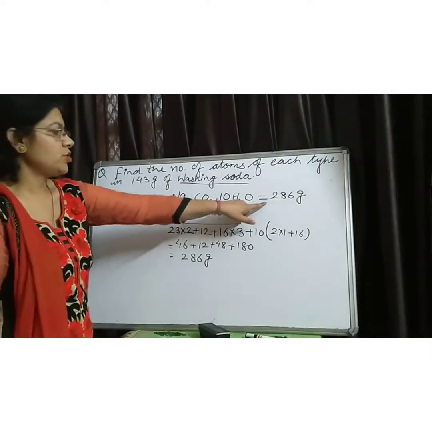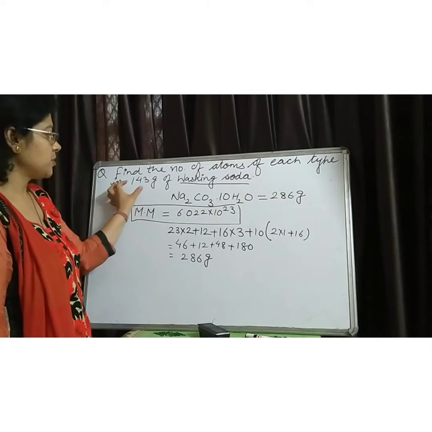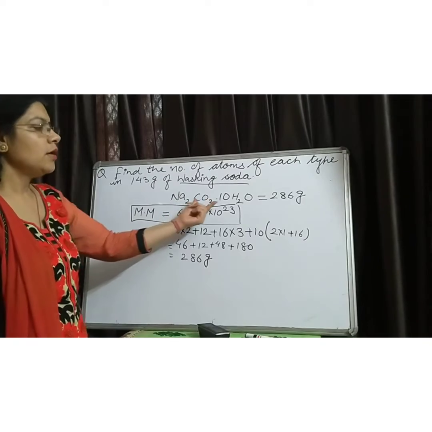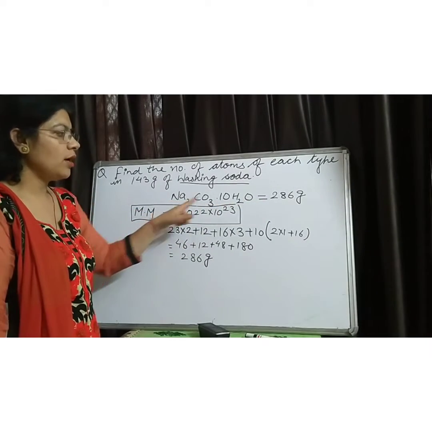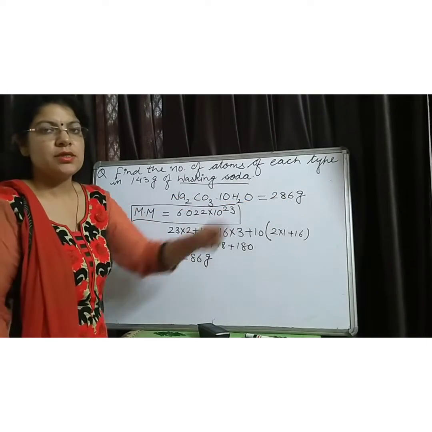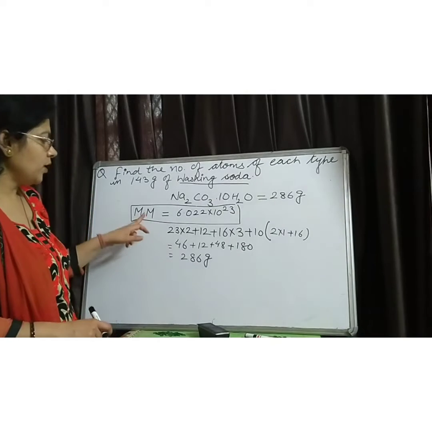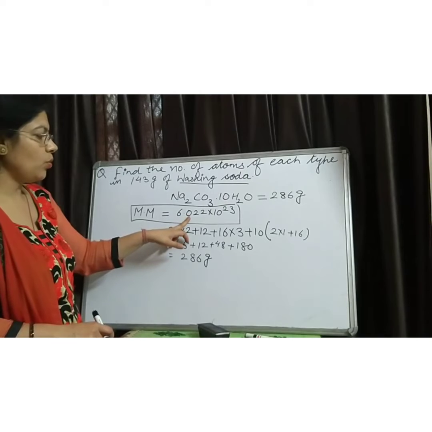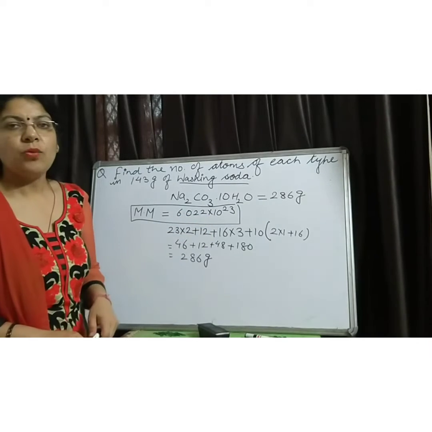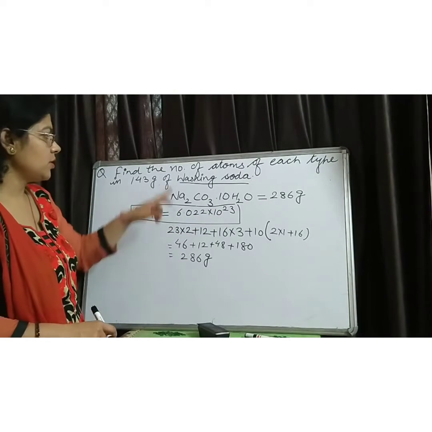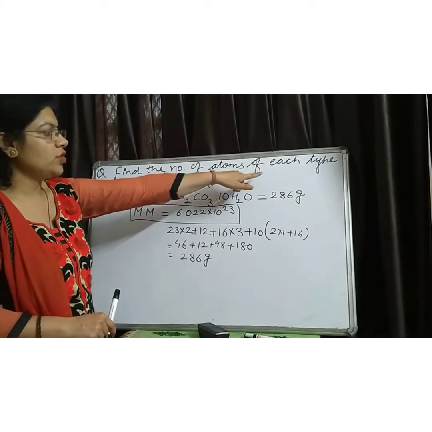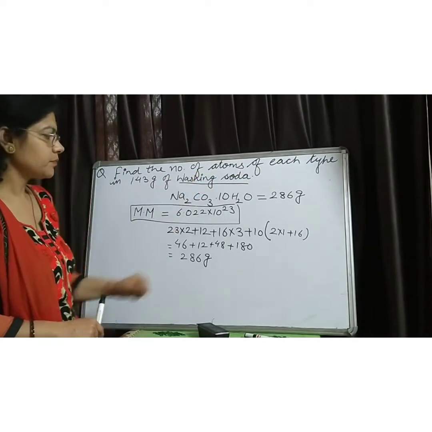As in this question the mass of the substance is given to you, so first of all we calculated the molar mass of the washing soda, that is 286 grams. And from the relationship, the molar mass of the compound is always equal to Avogadro number of particles. But in this question we have to calculate the number of each type of atom.